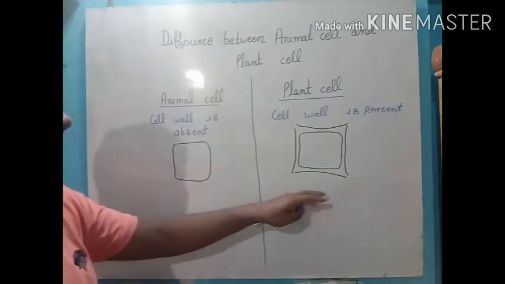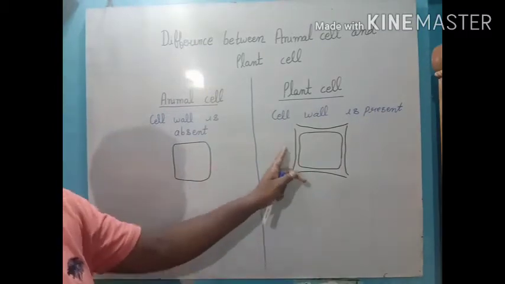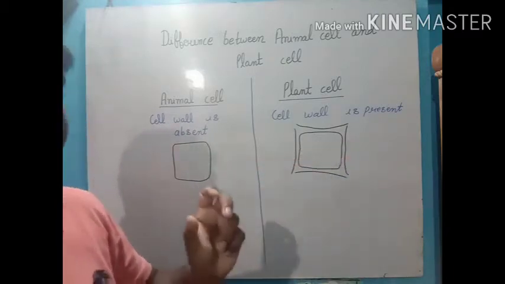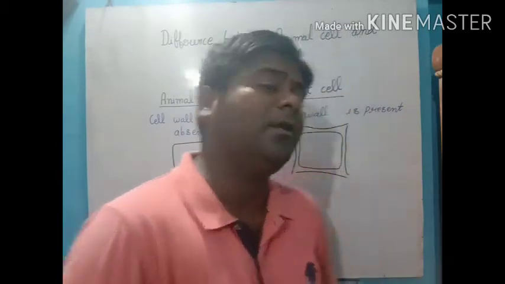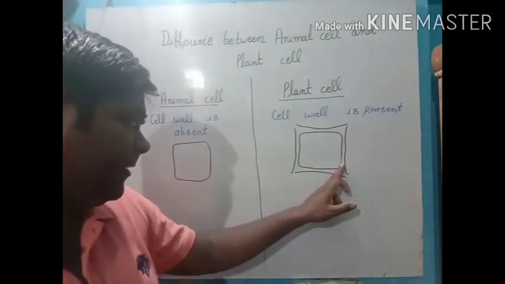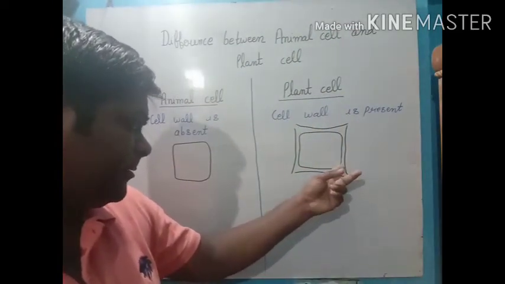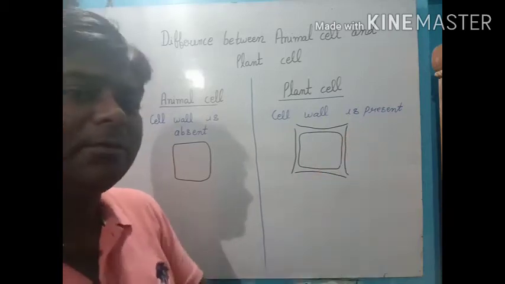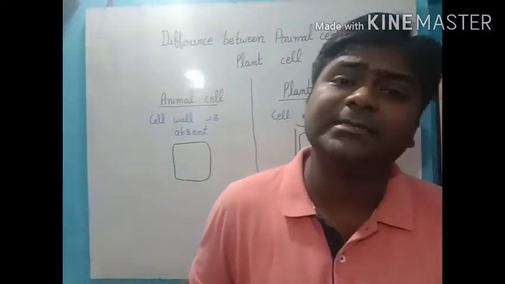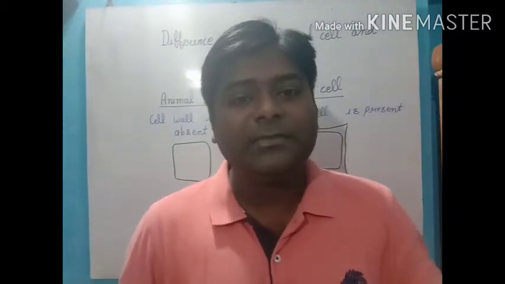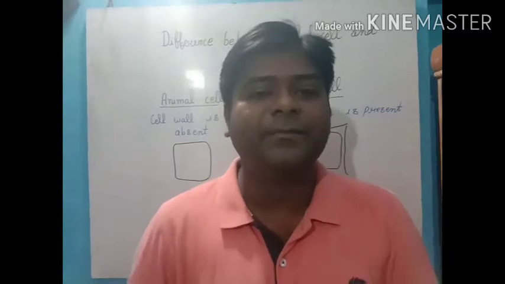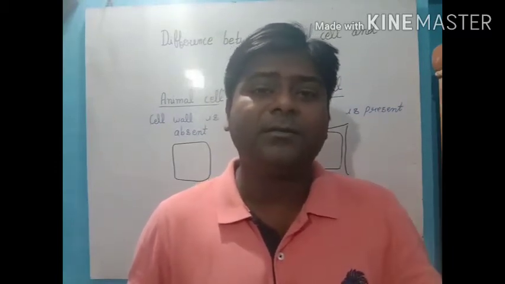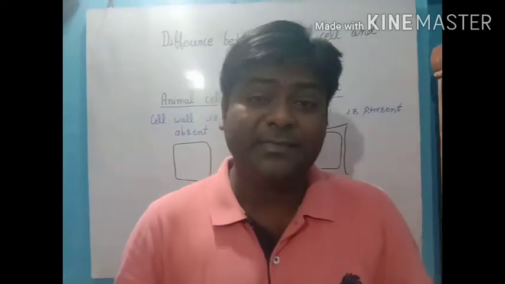We can see in plant cell we have the extra membrane, that is a rigid membrane, and that membrane we are calling cell wall. It means this is plasma membrane. It means plasma membrane is again surrounded by a structure that is known as cell wall. That is the characteristic feature of the plant cell, and it makes a big difference. That characteristic is very important to differentiate.